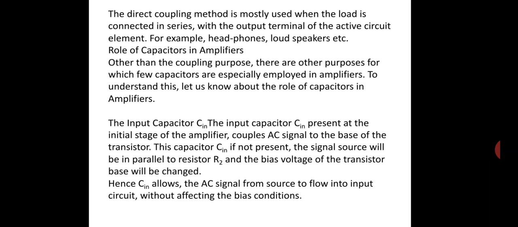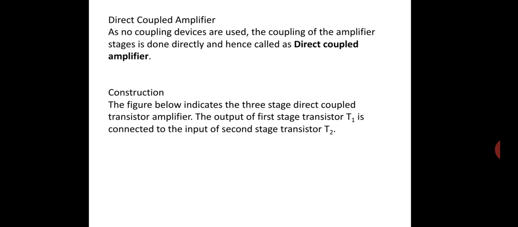The input capacitor, denoted by Cin, is present at the initial stage of the amplifier and couples the AC signal to the base of the transistor. If this capacitor Cin were not present, the signal source would be in parallel with resistor R2 and the bias voltage at the base would be changed. Hence, the input capacitor allows the AC signal from the source to flow into the input circuit without affecting the bias conditions.